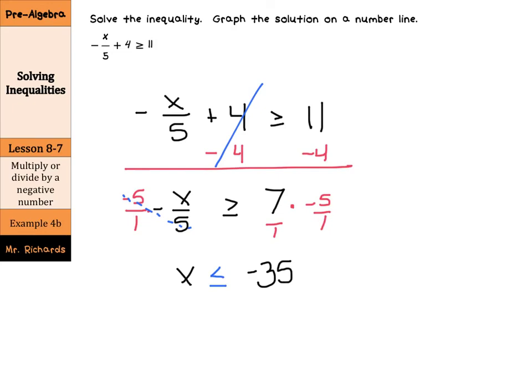And again, it doesn't say to check, but it doesn't hurt to check. If we rewrite our original inequality and pick a number that's smaller than -35, how about negative 40?